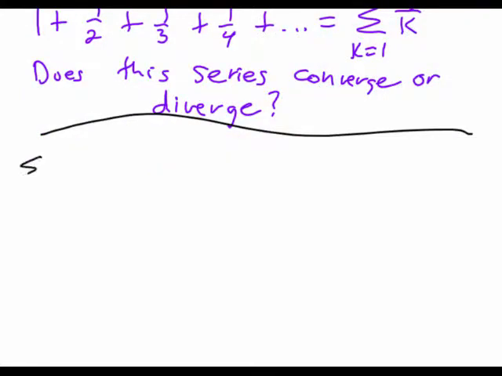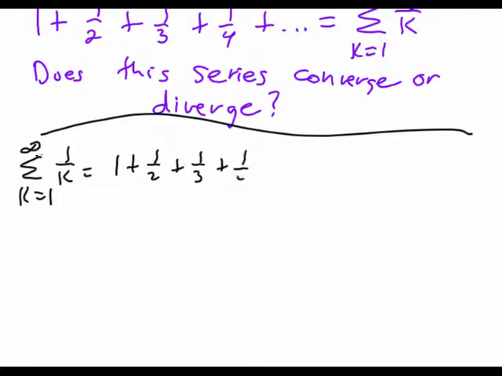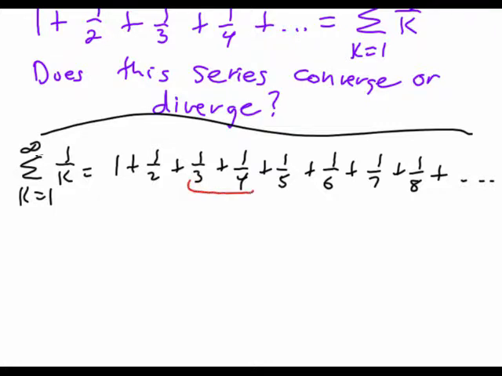So I'm just going to write my infinite series out with a few more terms. 1 plus a half, etc. And what I'm going to do to make my argument is I'm going to group terms together like so.